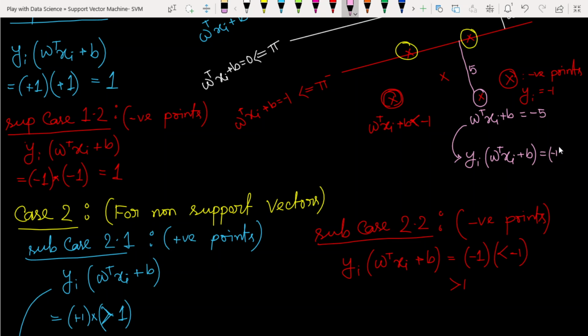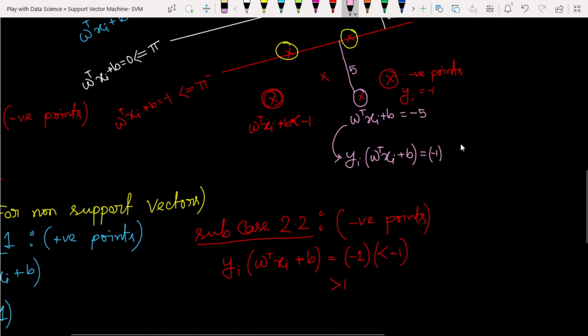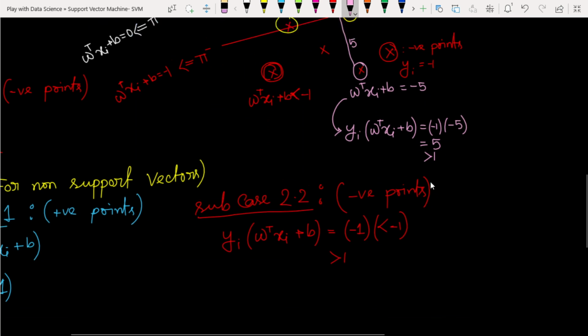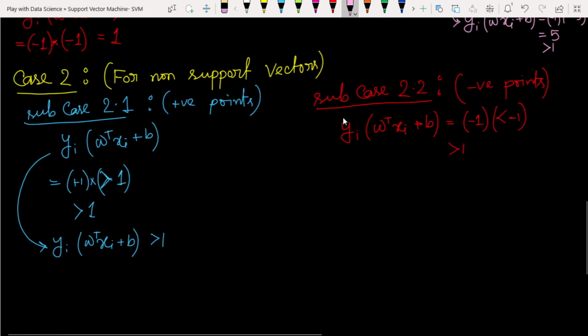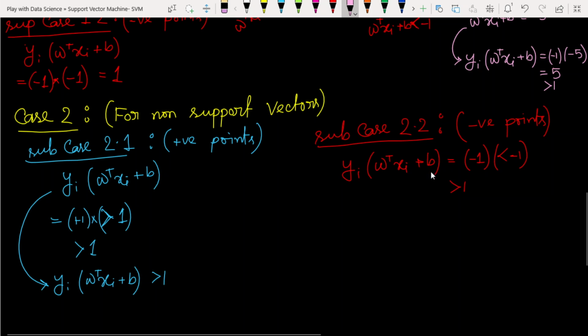It will be minus 1 into minus 5, so simply it will be plus 5, and it is obviously greater than 1. So I think this sub case 2.2 is also clear to all of you.